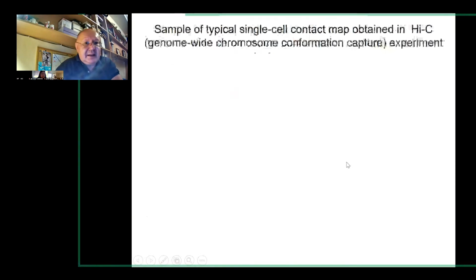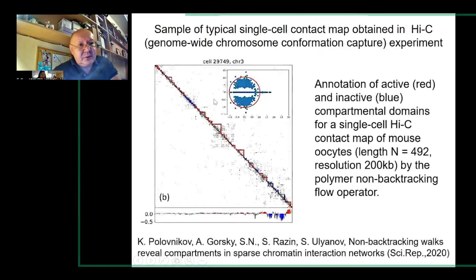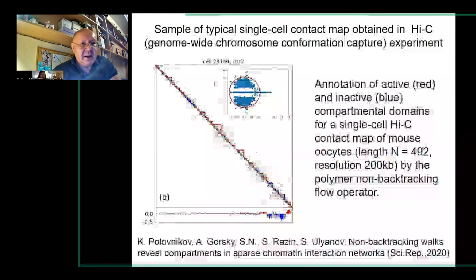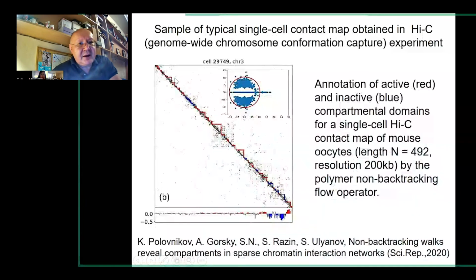So as I said, not only we, but many people have analyzed the structure of contact maps of chromosomes. And this is a typical sample of this contact map. The only thing which I would like to show you is that this map is rather sparse, in the sense that each black point is the contact associated with some domain of chromosome, and white pixel means that there is no contact.